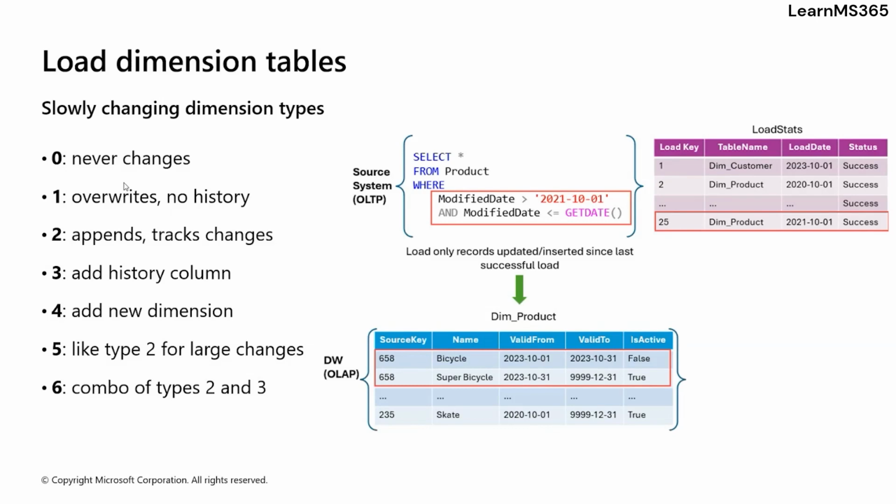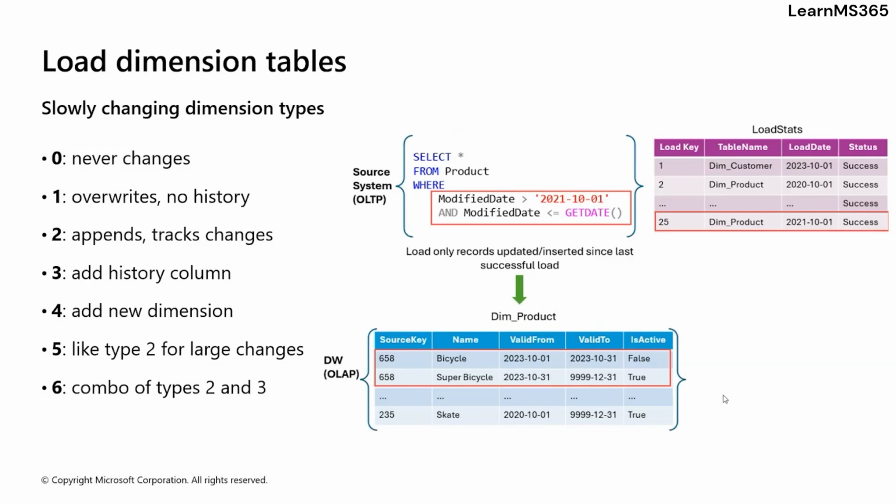In type 1 SCD, it overrides existing data and does not keep the history. With type 2 SCD, it adds new records for changes and keeps full history for a given natural key. Then in type 3 SCD, history is added as a new column.